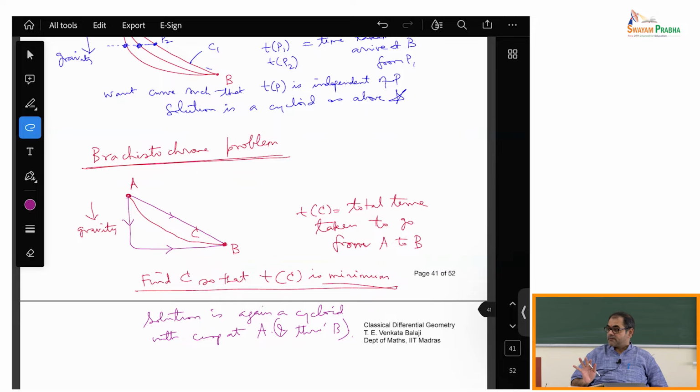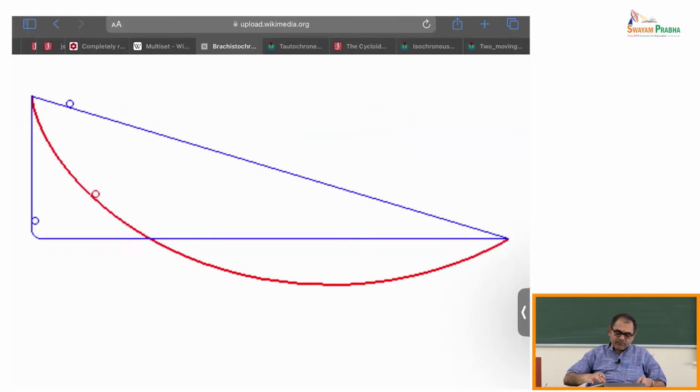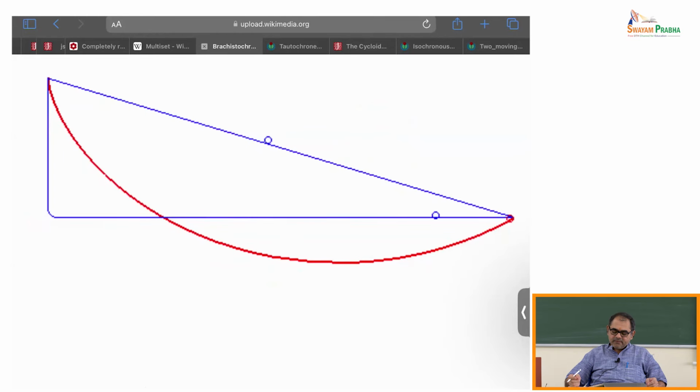It's uniquely determined. And again, I can show you another interesting picture. You can see it's quite interesting. The straight line path is the slowest: the bead moving along the straight line from the topmost point to the bottommost point is the slowest.